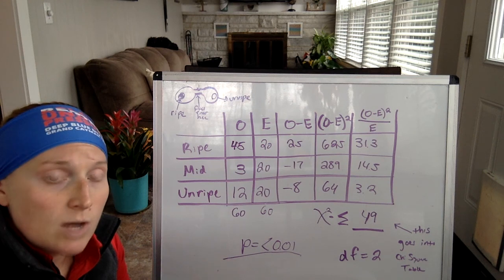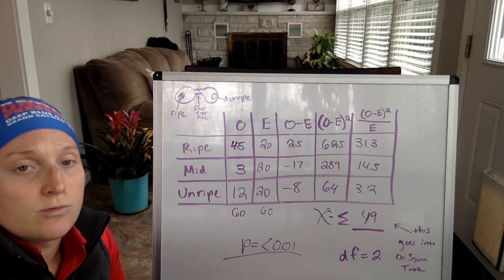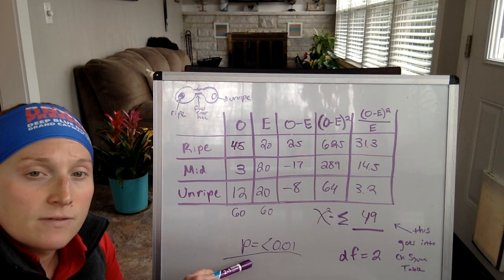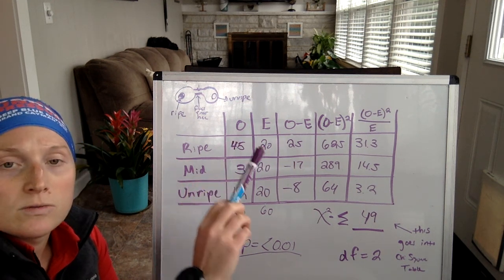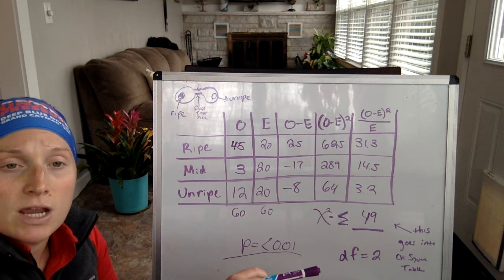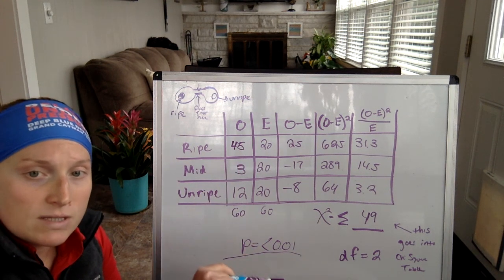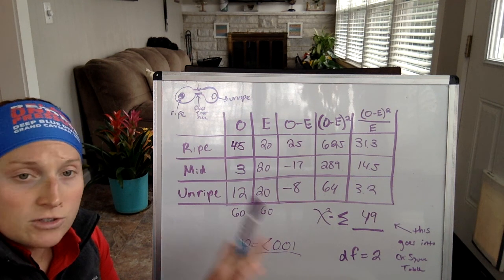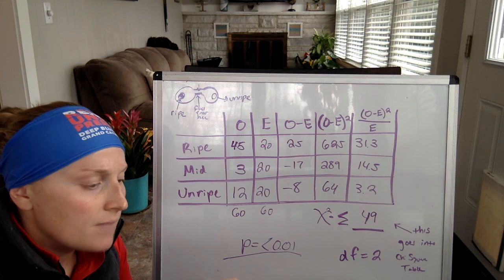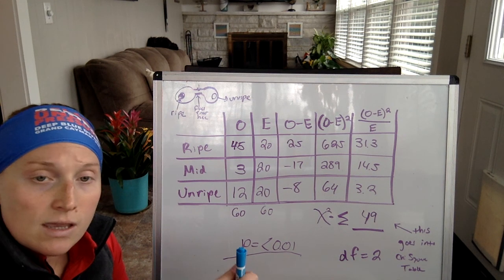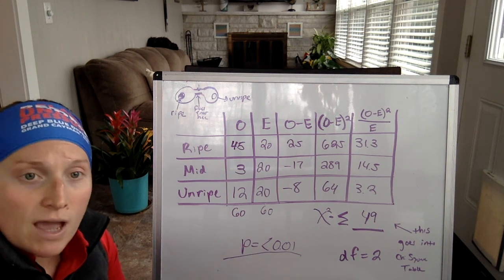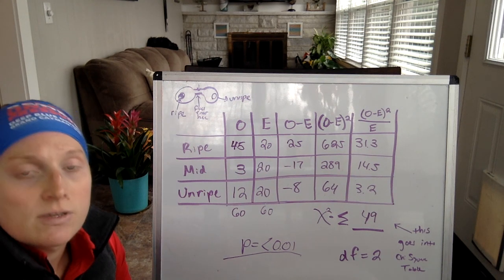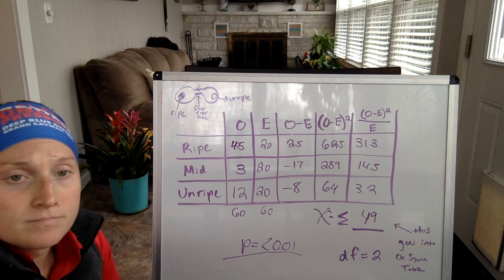We can reject it because we know the variation is not due to random chance. If this p-value was above 0.05, any variation from the expected would be due to random chance. However, that's not what we see. We see a p-value of way less than 0.05. So it's not just due to random chance, meaning that we can reject our null hypothesis that flies don't have a preference when it comes to their choice chamber given a ripe banana.